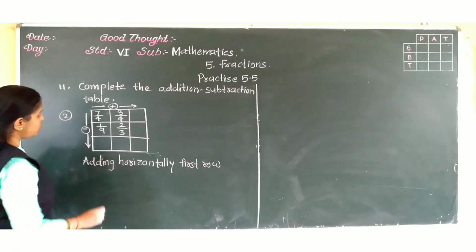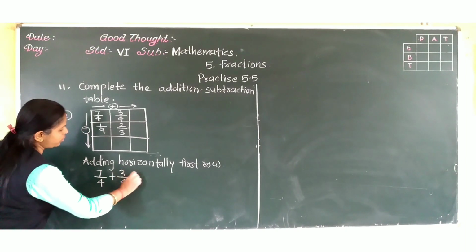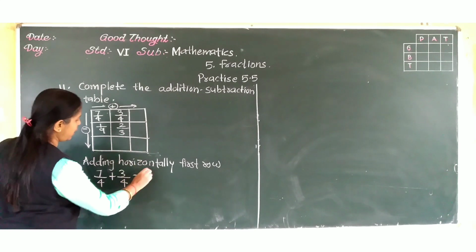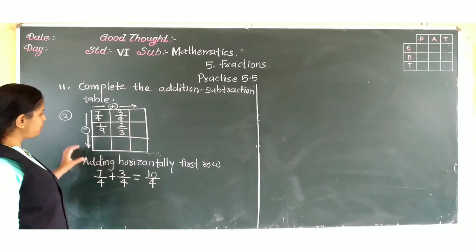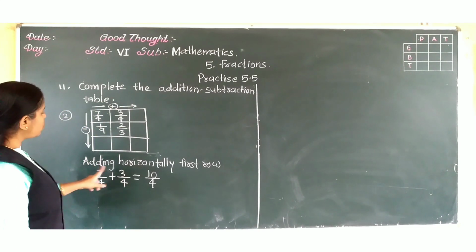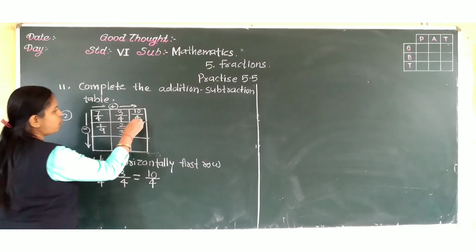Now what is the first row here? 7 upon 4 plus 3 upon 4. That is 7 plus 3, 10 upon 4. We add these as like fractions, so add numerators. The answer here is 10 upon 4.